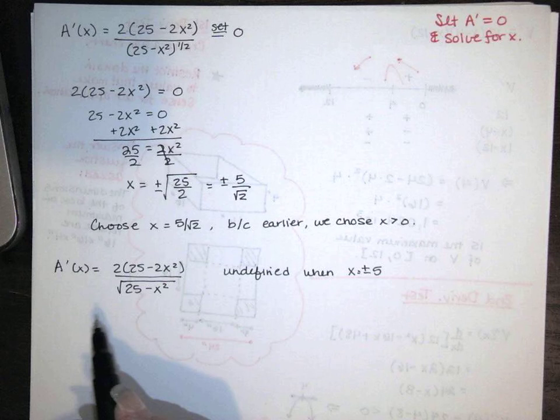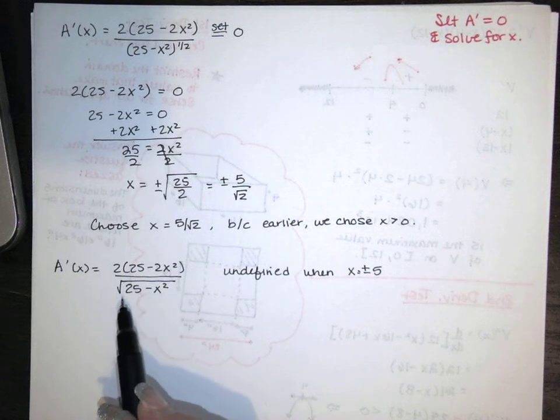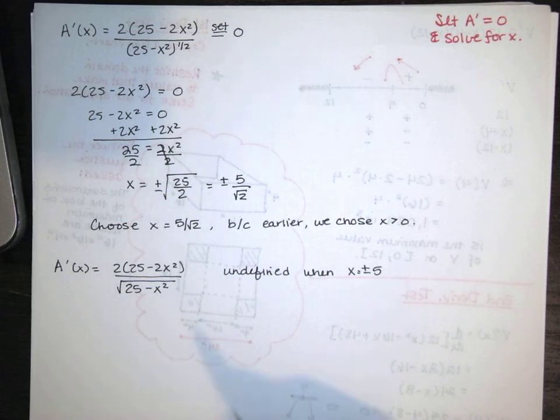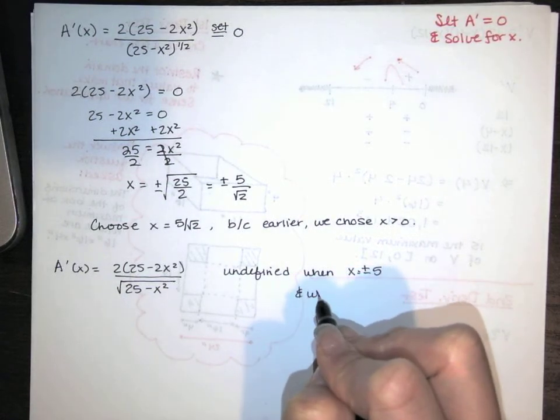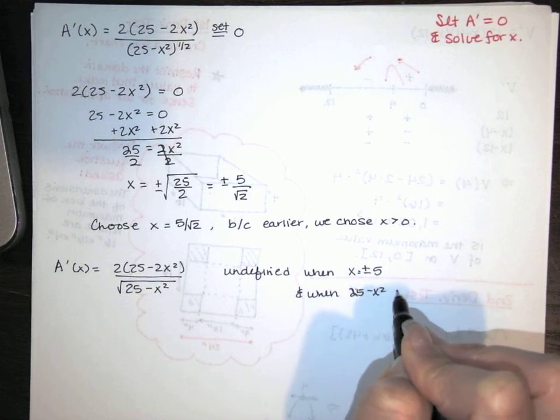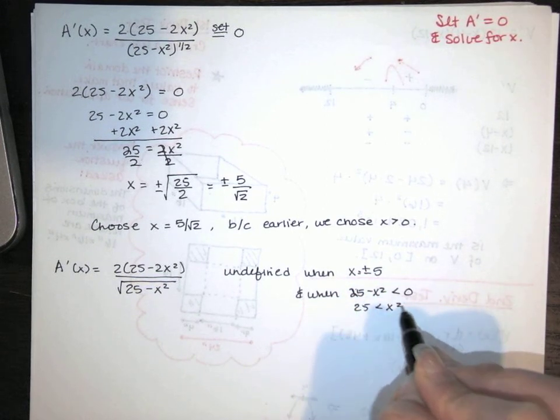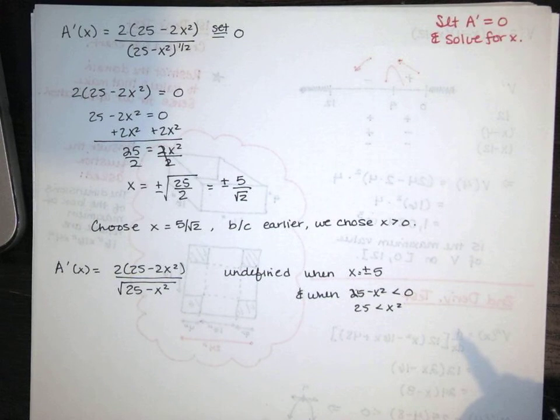And this is also undefined whenever 25 minus x squared, that's the expression under this square root, is negative. And that's true whenever 25 is less than x squared.